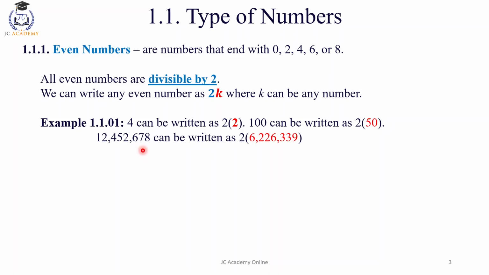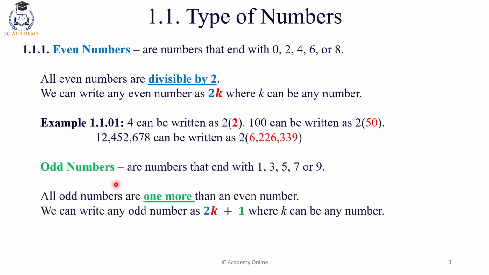This is an even number because the last digit is even, and this number can also be written as 2 multiplied by 6,226,339. So any even number up to infinity can be written in this form, 2k, because all even numbers are divisible by 2.